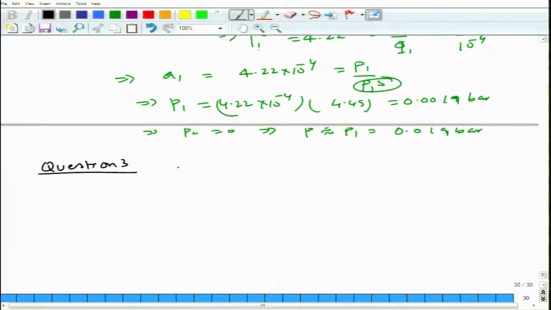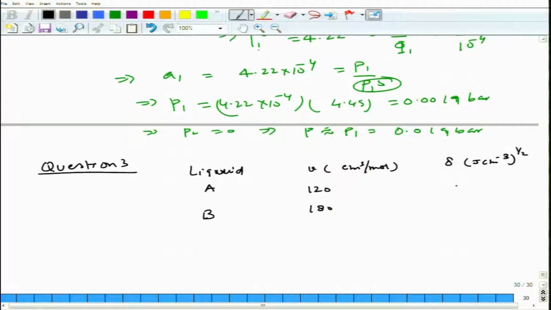So, you have two liquids given, let us say A and B, and this is the molar volume given in centimeter cube per mole: 120 and 180, and these are the solubility parameters given in joules per centimeter cube to the half: 18 and 12. Okay.